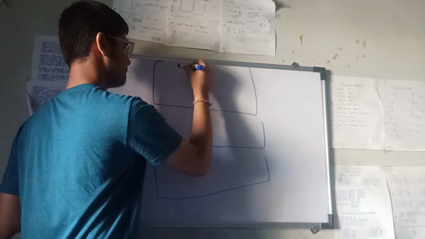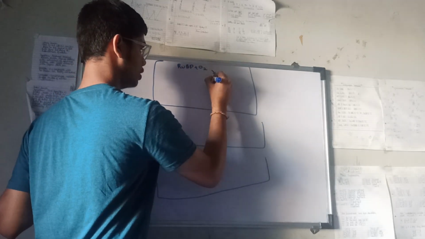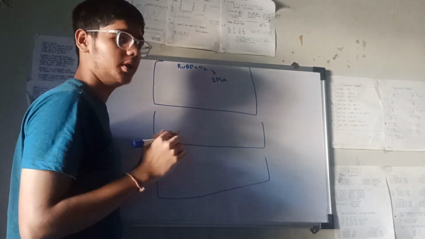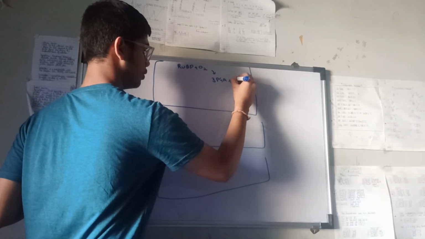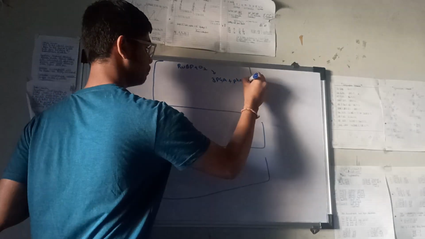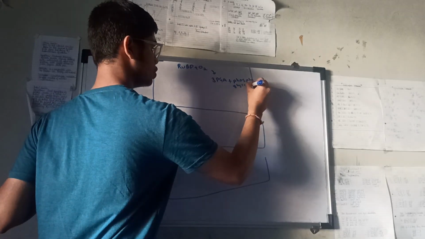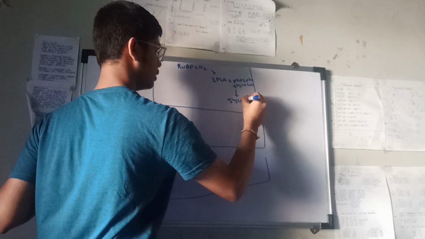I am writing short, RuBP plus O2 gives what? 3 PGA. Now recall, I am writing every step in detail. 3 PGA plus phosphoglycolate. Now phosphoglycolate will get converted into glycolate, right?